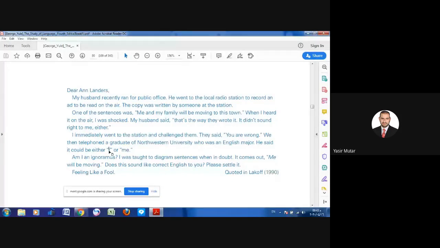Then when he asked an expert in the language, he said there's no problem starting the sentence with either I or me. But we studied in grammar that we should start with I, the more acceptable one, rather than me. But in language, they use both.